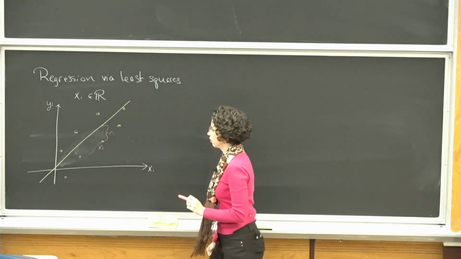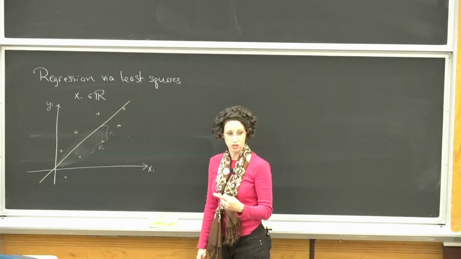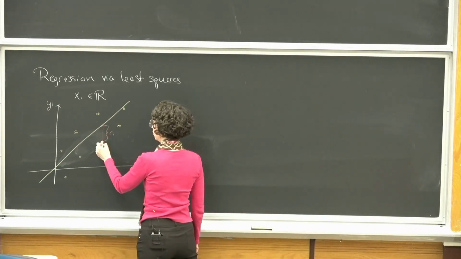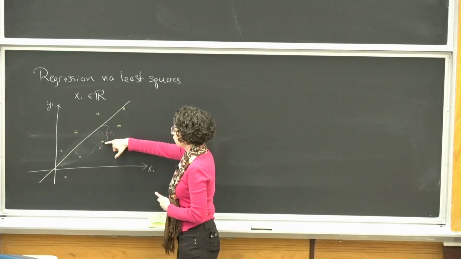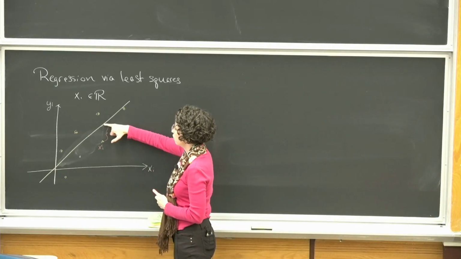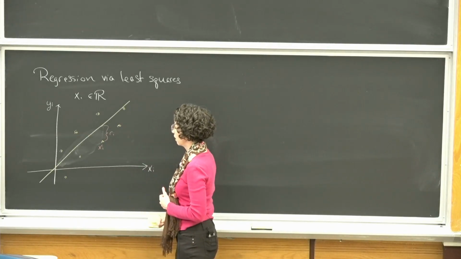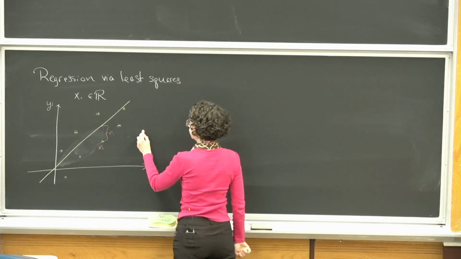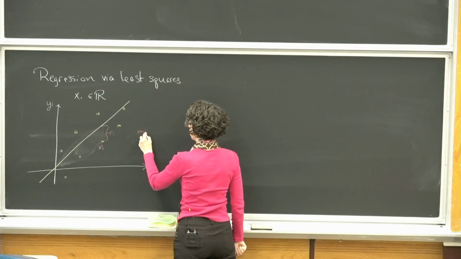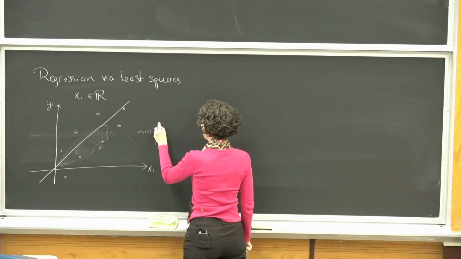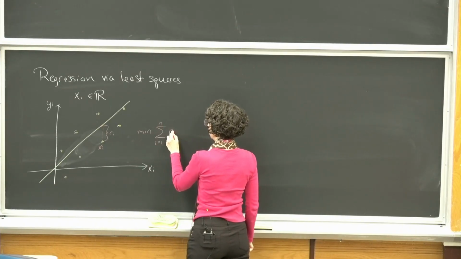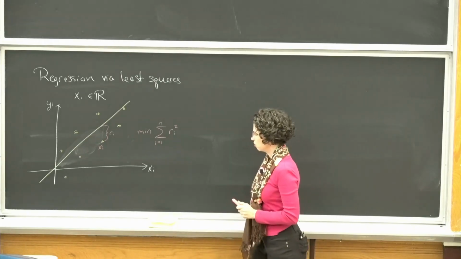In this particular case, that residual is just a scalar, right? It's a scalar distance from the y value for this point to the y value for the line. And so we were choosing the weights to minimize the sum from i equals 1 to n of these different squared residuals.